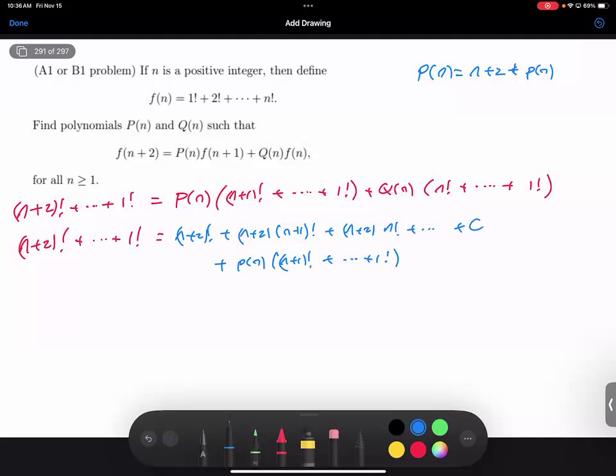And we would also have the q of n times n factorial plus dot dot dot plus 1 factorial.